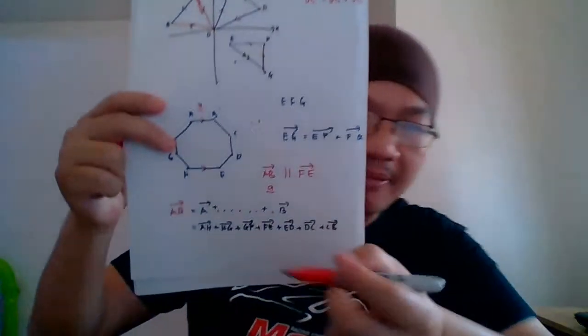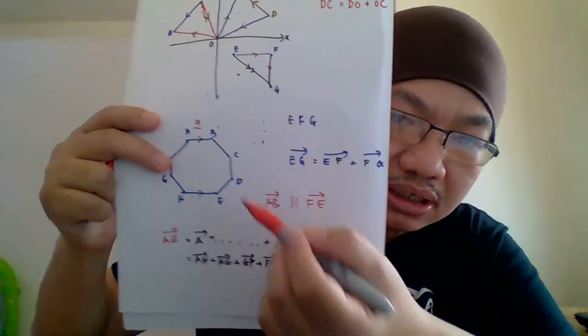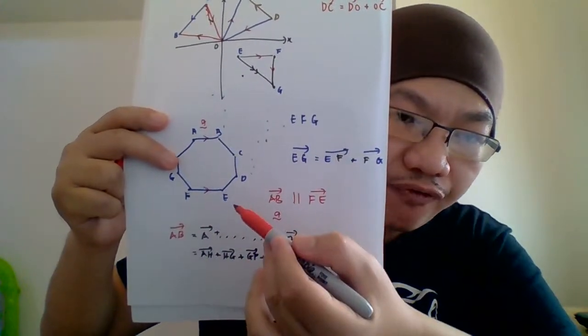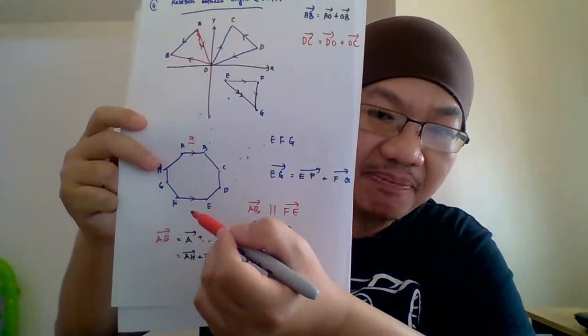Number two, not only are they parallel to each other, but they are also the same vector, similar vector. If my vector AB is A, then the vector of FE is also A. Why? Because they are the same length.